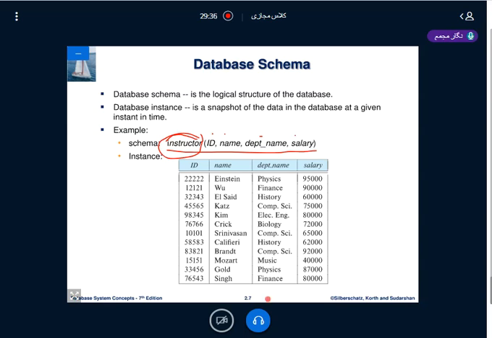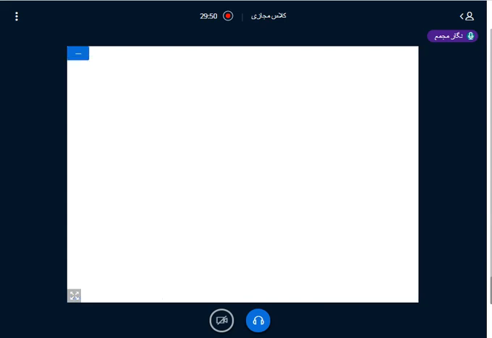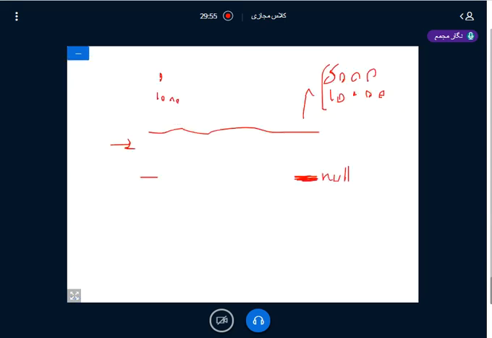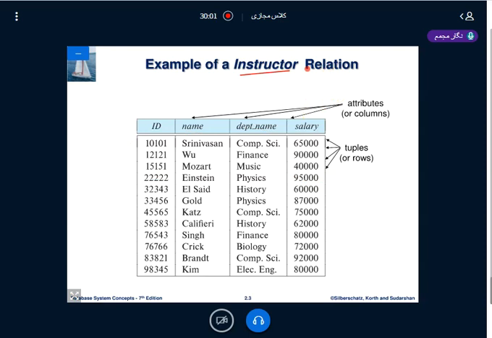This table is our data, and we show our data in this database. For example, here, this is the instructor relation that we have.